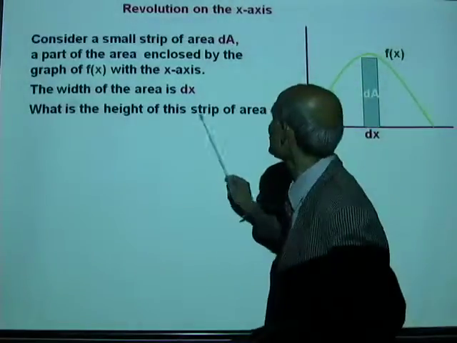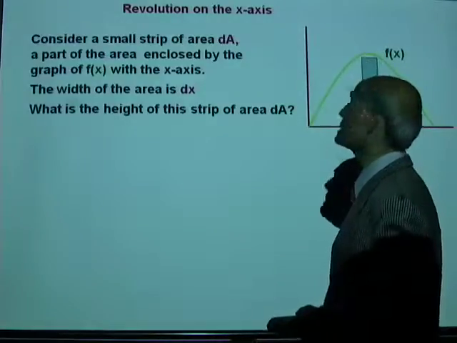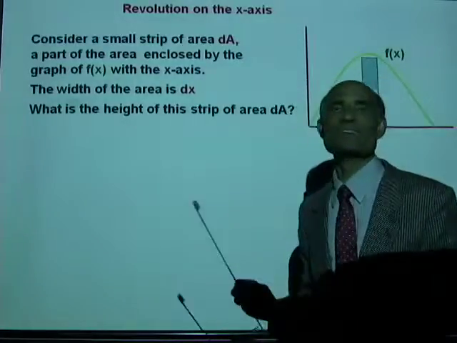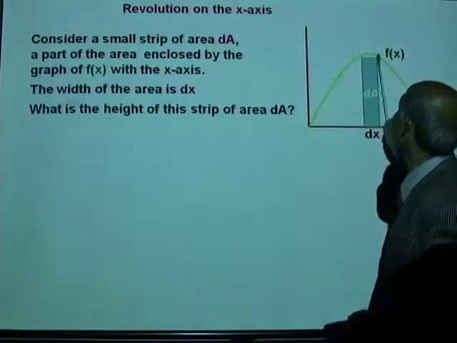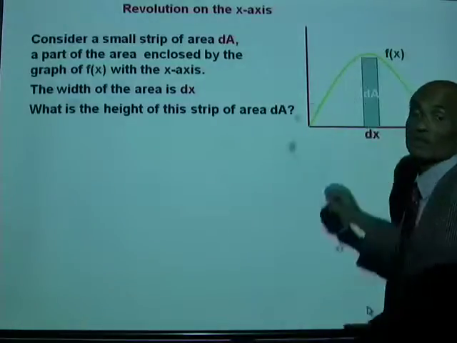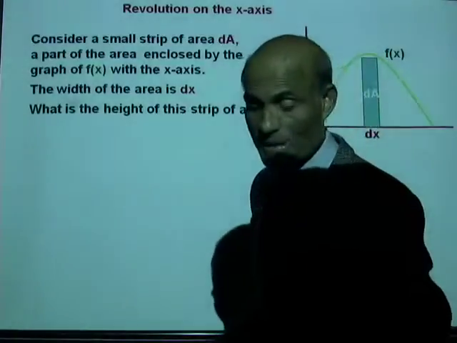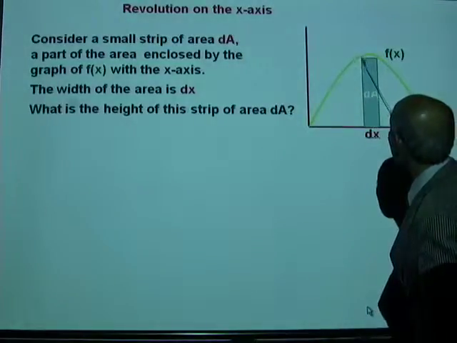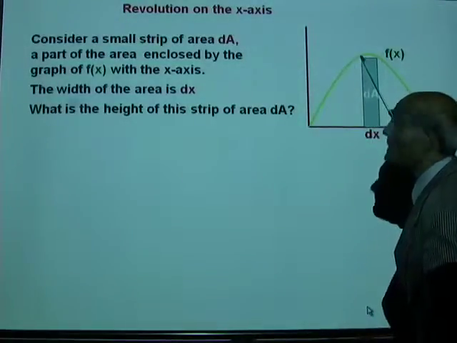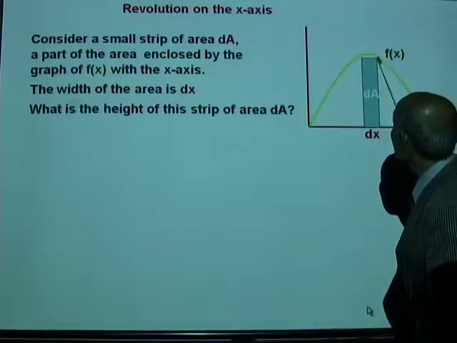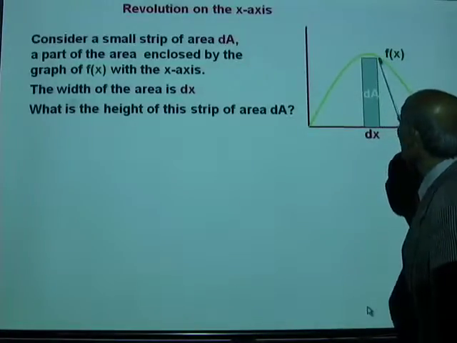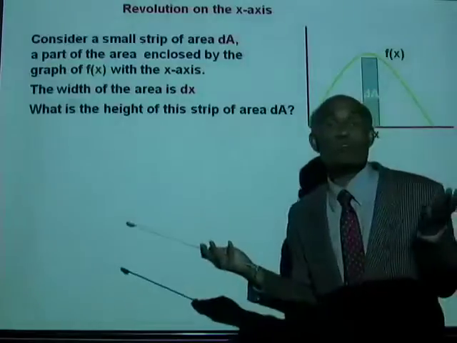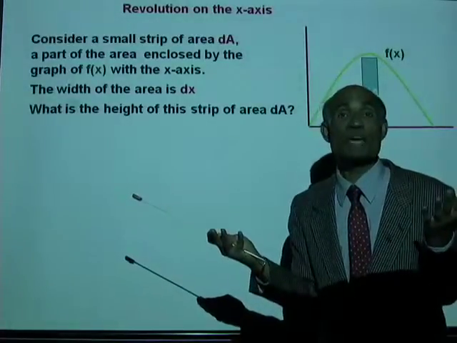Now what is the height of this strip of area dA? We just talked about it. What is the height of this? Now, you must be careful here. This height is the function value here, and this height is the function value here. That may not be the same in most cases.